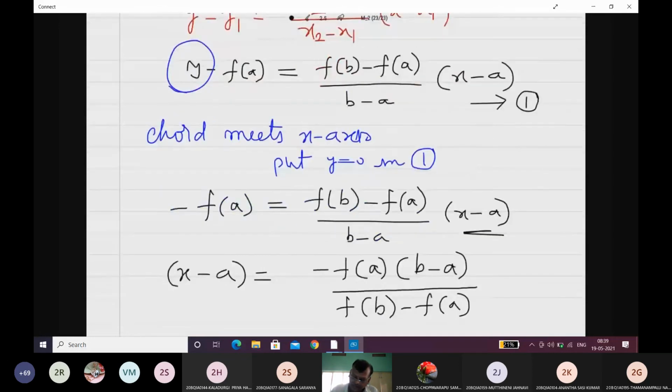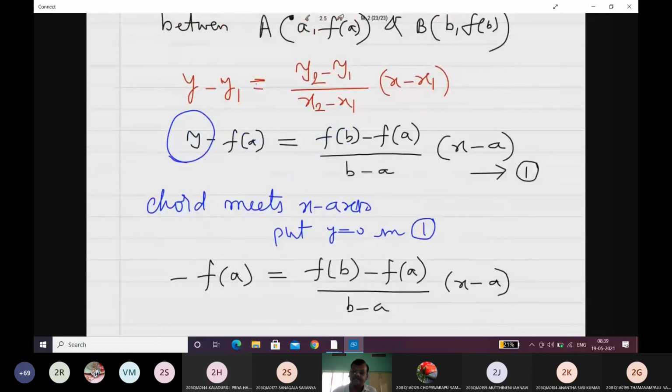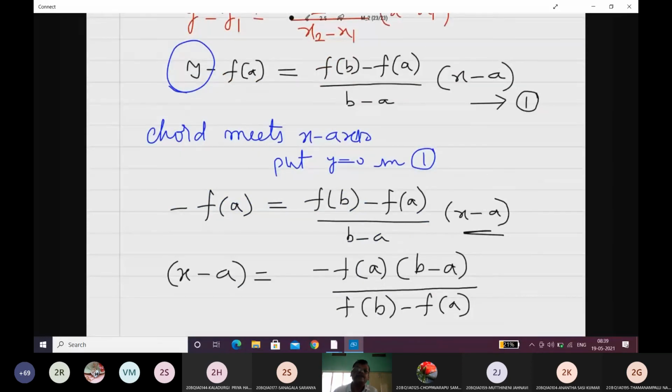Okay, now write it down. We split it, and move to the next page. x is equal to... Shall I move the slide?